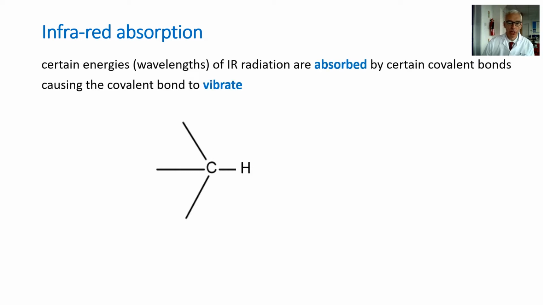That vibration on the absorbance of infrared radiation may be a stretch, or it may be a rotation or a bend of some sort. The point is that each covalent bond will absorb infrared radiation of a certain wavelength.